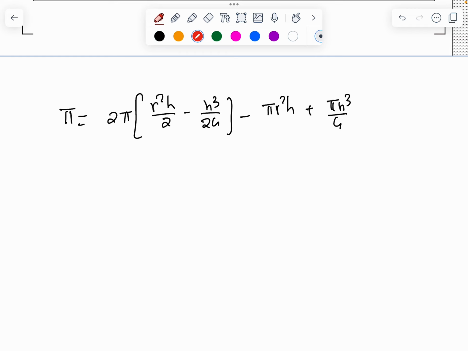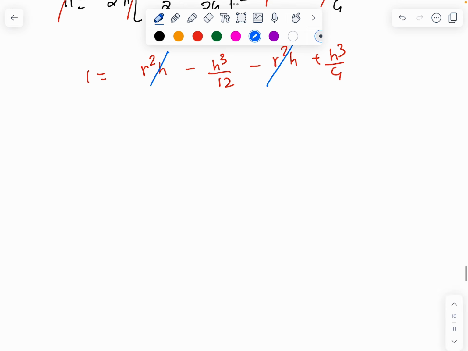Then we can cancel pi, and pi gets cancelled. So 1 equals r square h minus h cube upon 12 minus R square h plus h cube upon 4. R square h gets cancelled. So h cube upon 4 minus h cube upon 12 equals 1.